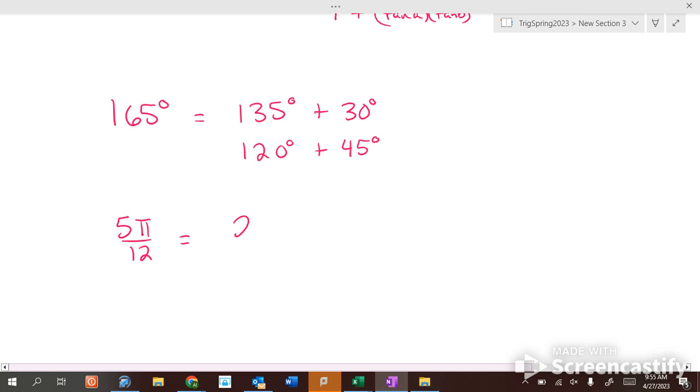So 2 pi over 12 plus 3 pi over 12 makes 5 pi over 12, correct? 2 pi over 12 is really pi over 6, and 3 pi over 12 is really pi over 4. So pi over 6 plus pi over 4 really makes 5 pi over 12.